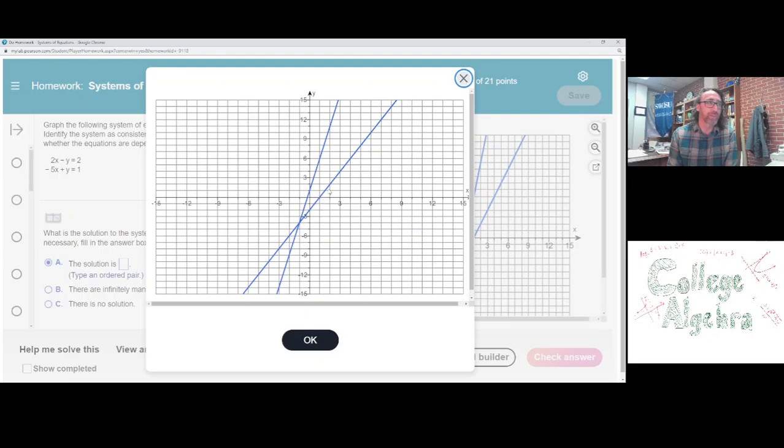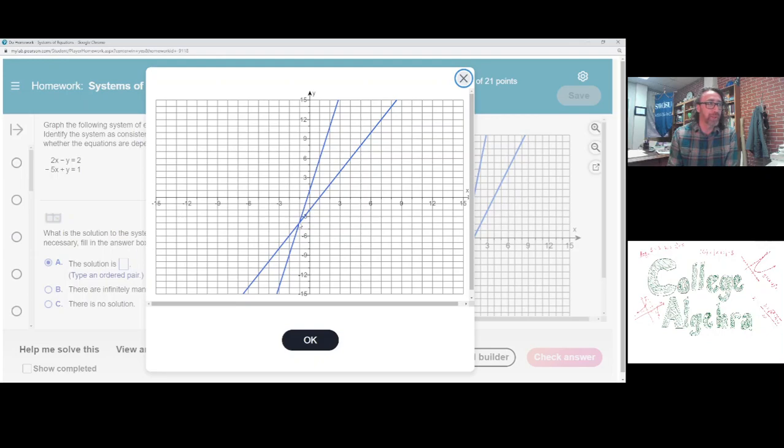The coordinates of every point on this line satisfy that first equation. The coordinates of every point on this other line satisfy the second equation. So the point where the two graphs intersect, the coordinates of that point, will satisfy both equations.